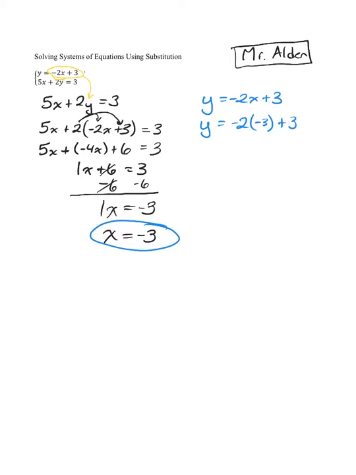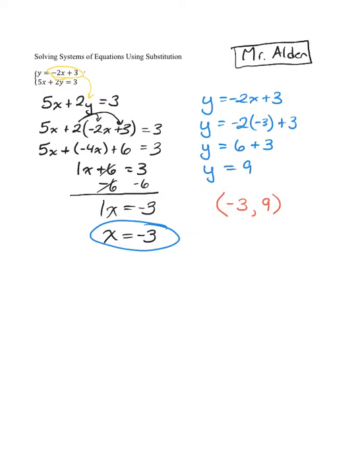So I'm going to say negative 2 times negative 3 plus 3. Well, order of operations says negative 2 times negative 3 gives us a positive 6. Plus 3, 6 plus 3 is 9. And so our final answer, and remember, we want to write this as a coordinate point, is going to be negative 3, 9.